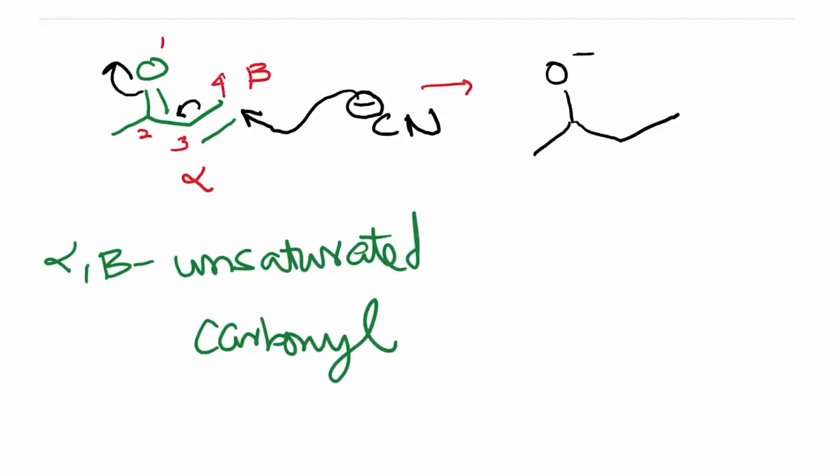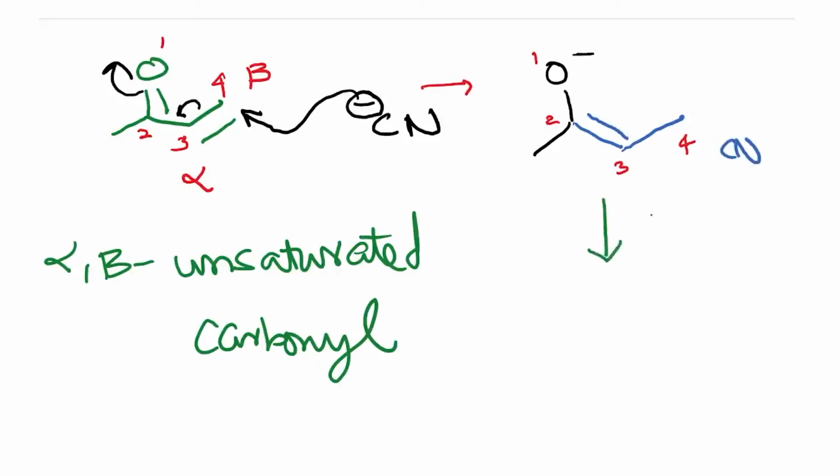Let's draw out the skeleton first. There's a new bond between carbon 2 and carbon 3, and then there's a bond between 4 and CN. And the rest of the molecule remains the same.